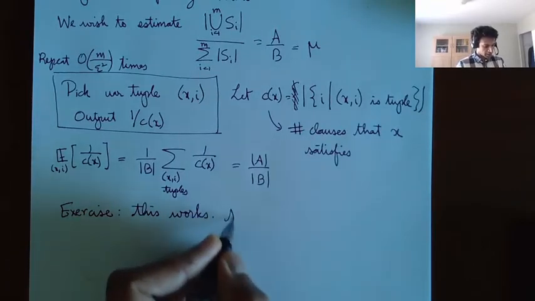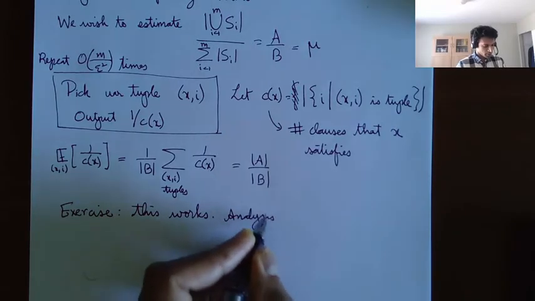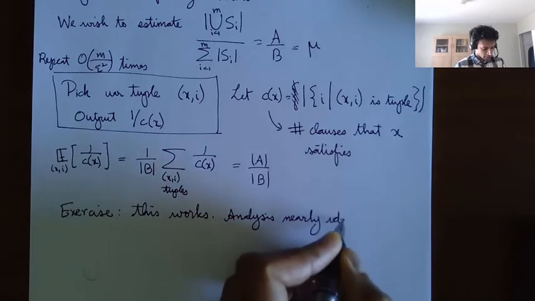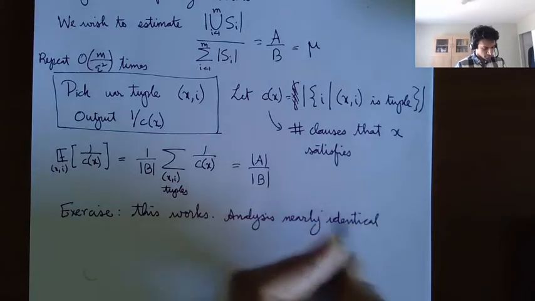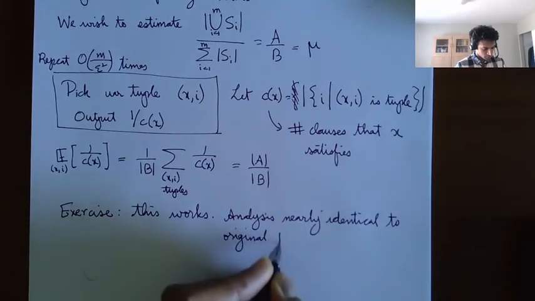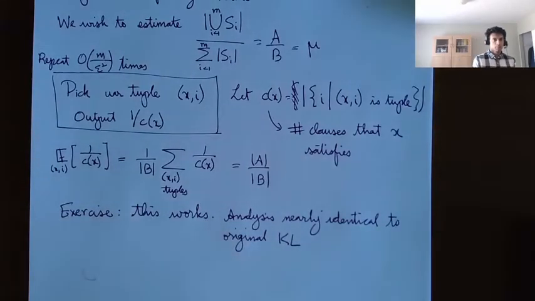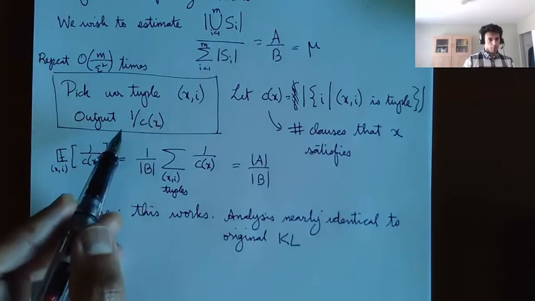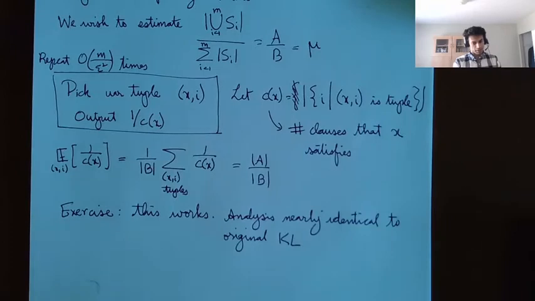The analysis is nearly identical to the original Karp-Luby algorithm. Okay, does this make sense? So there is no association. I'm going to pick a uniform random tuple and then I output 1 divided by c(x). Okay, so is this clear?